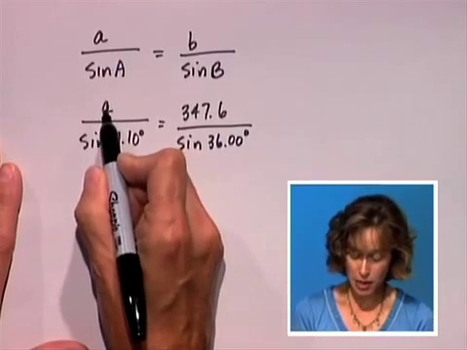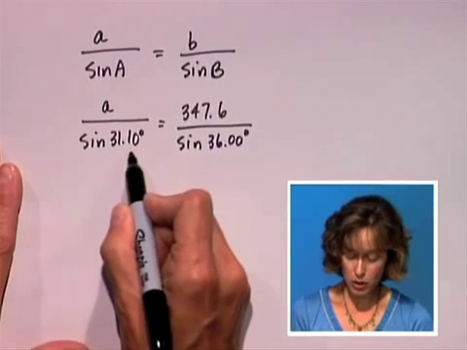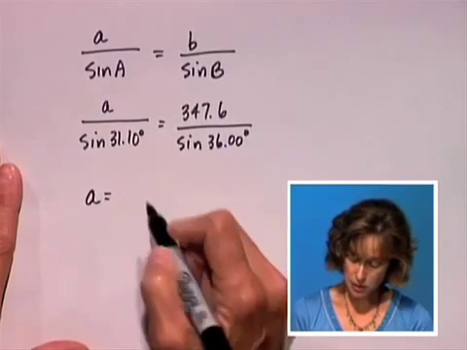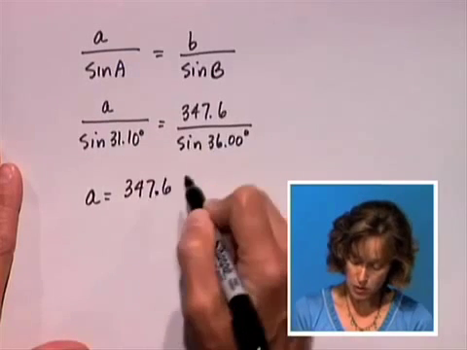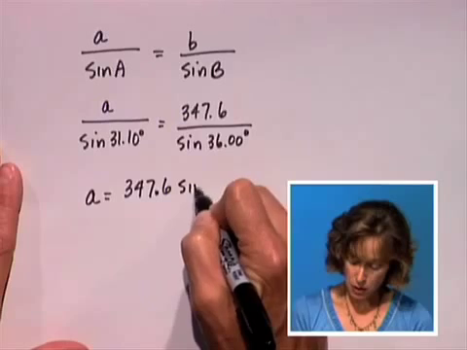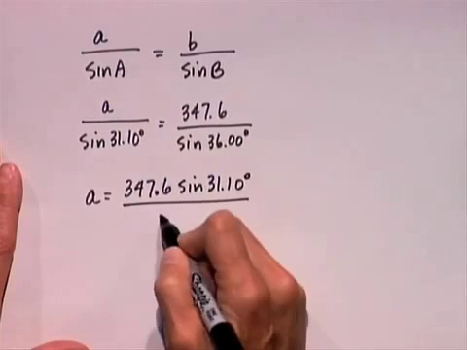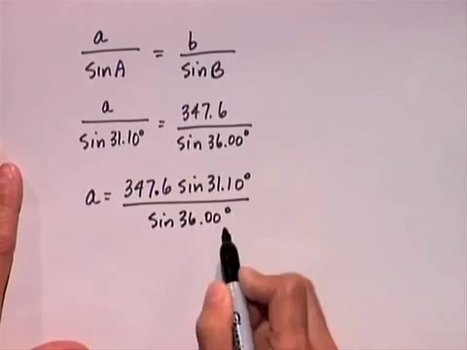I'm looking for side A. So at this point, I can multiply each side of the equation by the sine of 31.1, which will isolate side A, and I'll need to find 347.6 times the sine of 31.10 divided by the sine of 36.00 degrees.